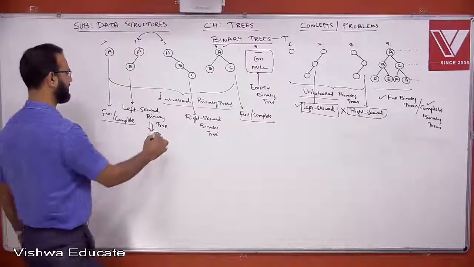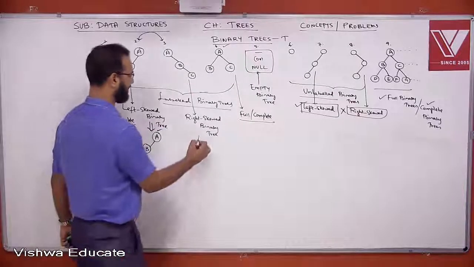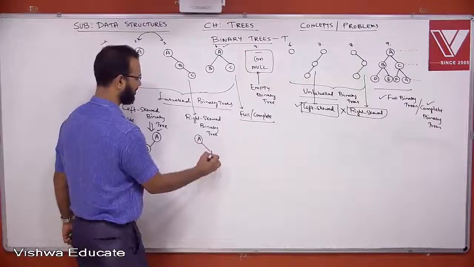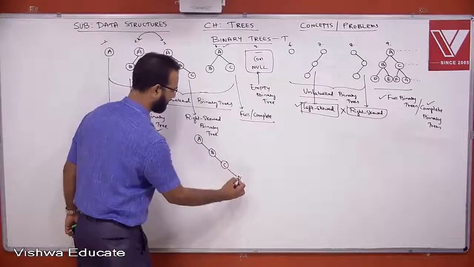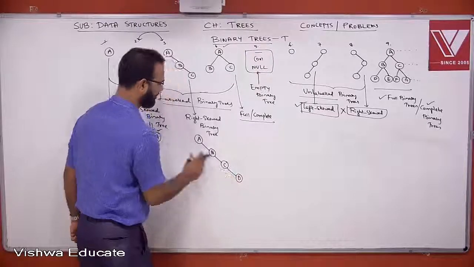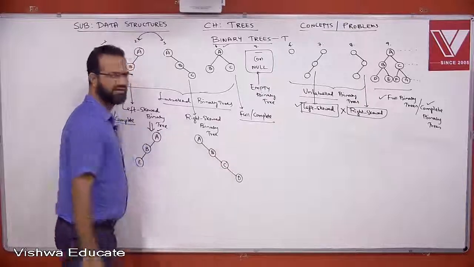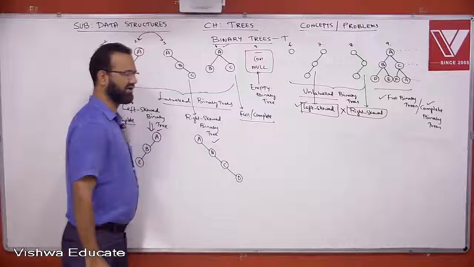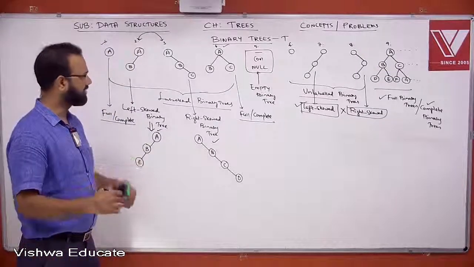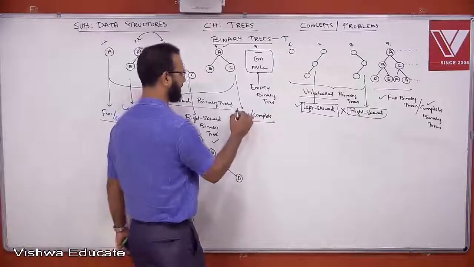It is a perfectly left skewed binary tree. In the same way, for this one only right children exist. Whatever level you go to, 1, 2, 3, 4 levels, height 1, 2, 3, as we traverse, it is again a right skewed binary tree. Now, coming to the difference between full and complete.